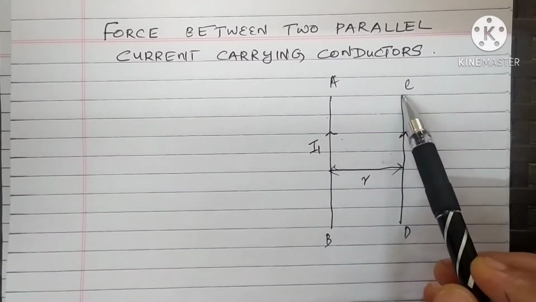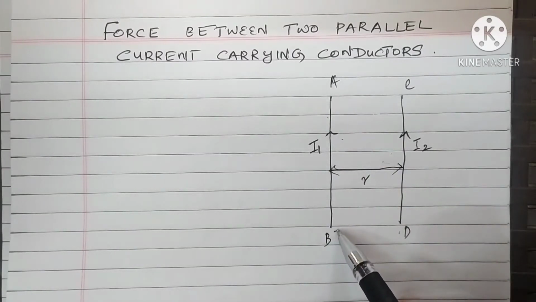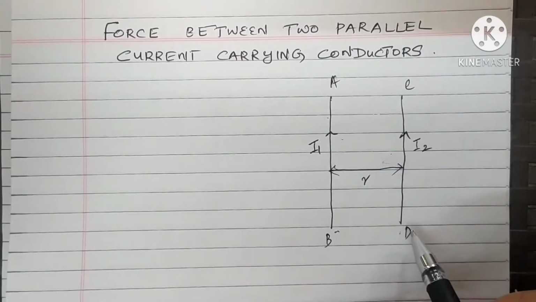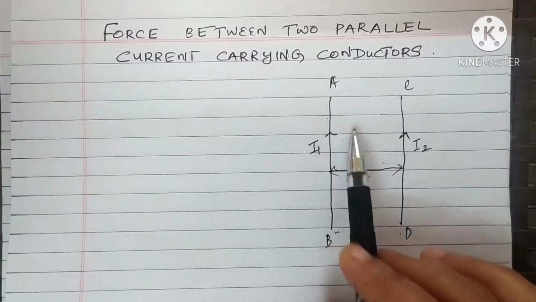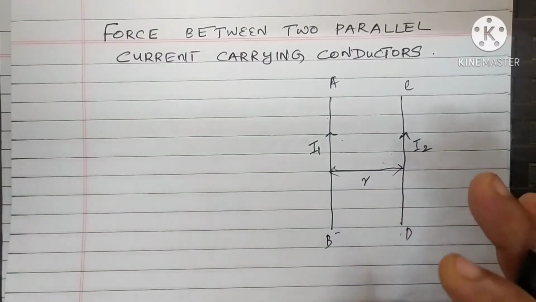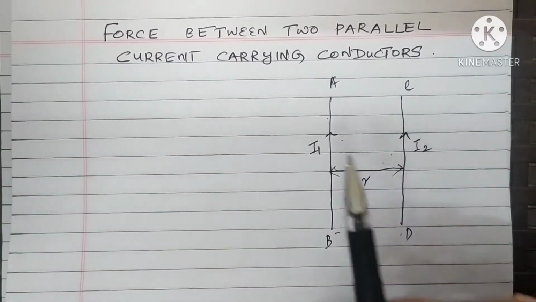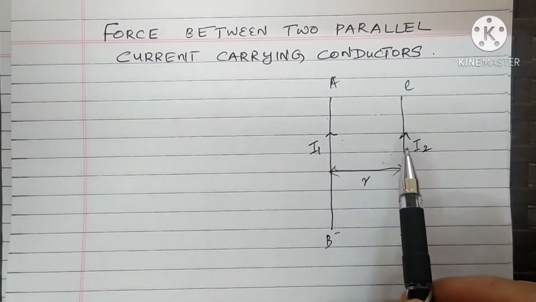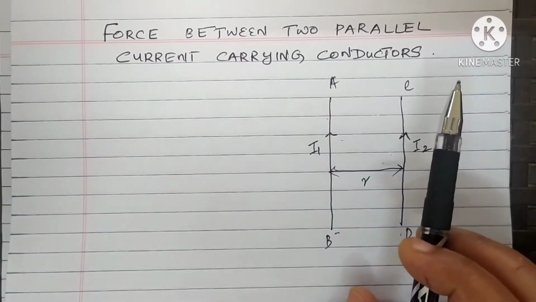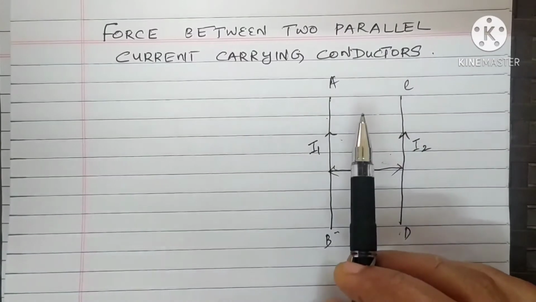So actually, in the vicinity of this magnetic field, this AB is placed. Similarly, CD is placed in the magnetic field produced by the conductor AB. That means each conductor produces a magnetic field around it, and one conductor is in the magnetic field produced by the other.